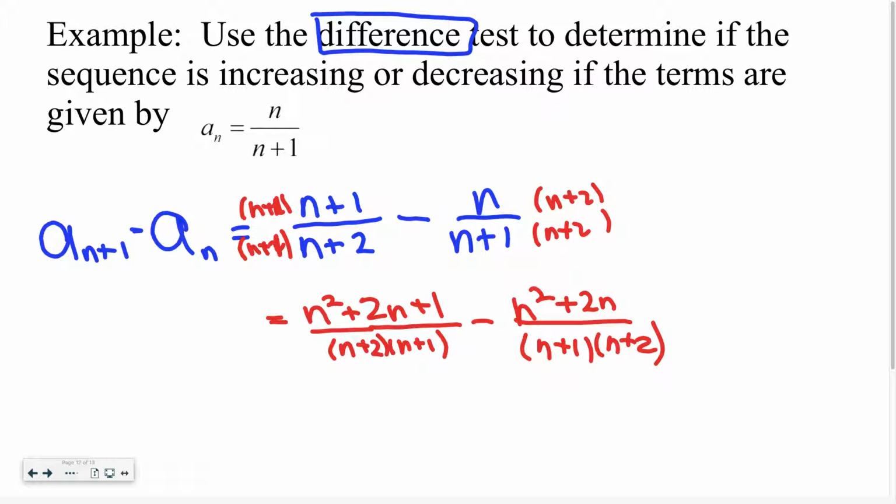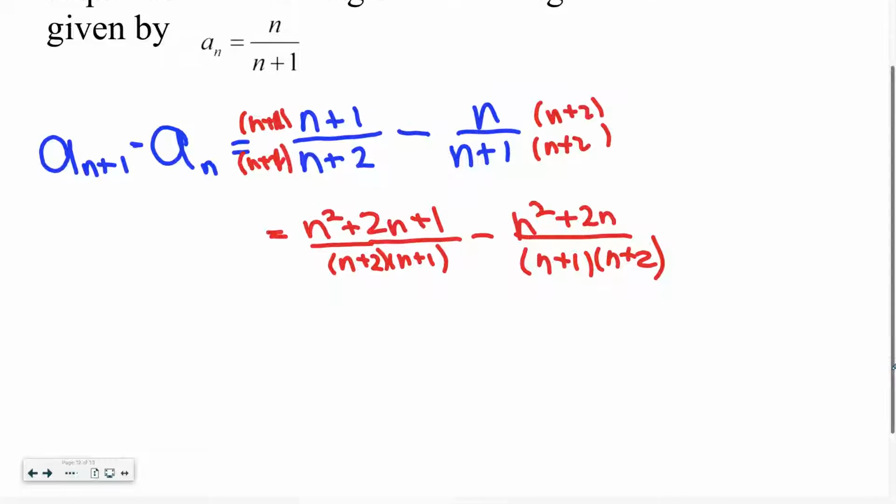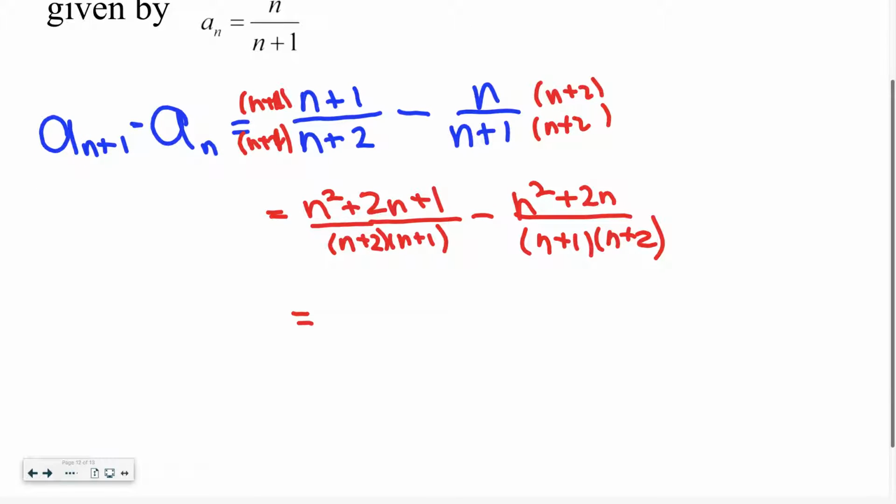Multiply this one by n plus 1 over n plus 1, and this one by n plus 2 over n plus 2. Okay? If we go ahead and subtract to combine everything together, you get 1 over... the n squared terms still cancel to 0, so these cancel. Good. So we get 1 over our common denominator.